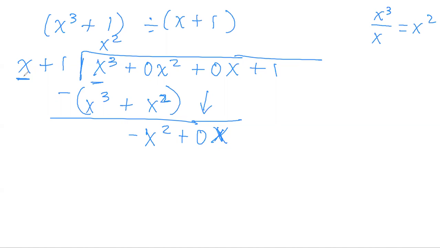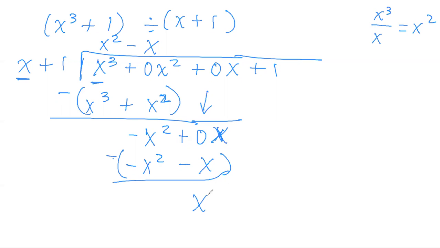So to get from x to negative x squared, I have to multiply by a negative x. So I have negative x squared when I multiply, and then minus x. So then I subtract. The x squareds cancel. 0 minus negative x, so that's just plus x.